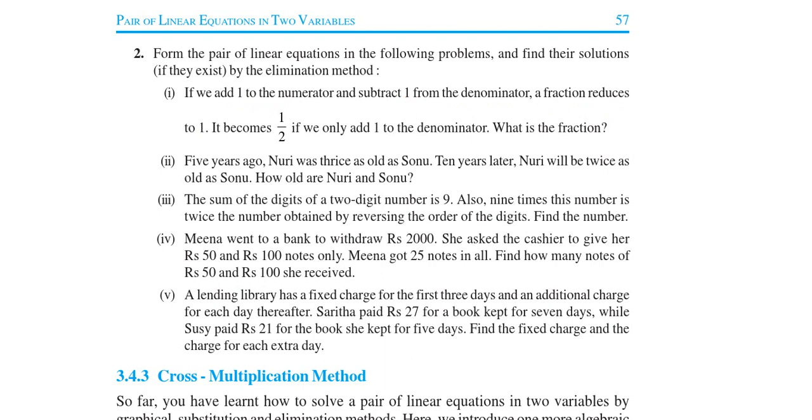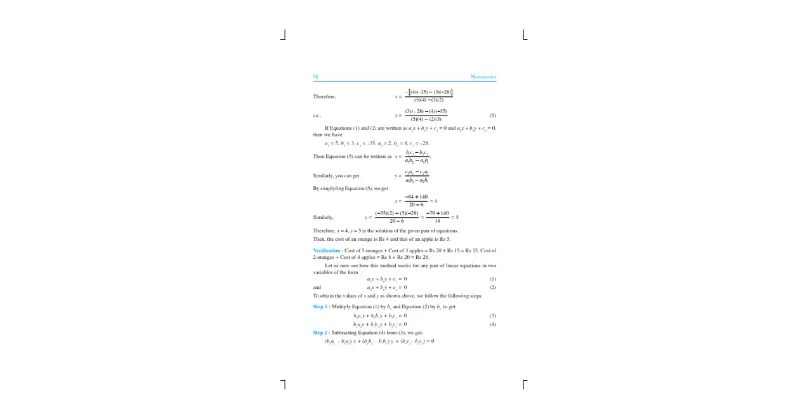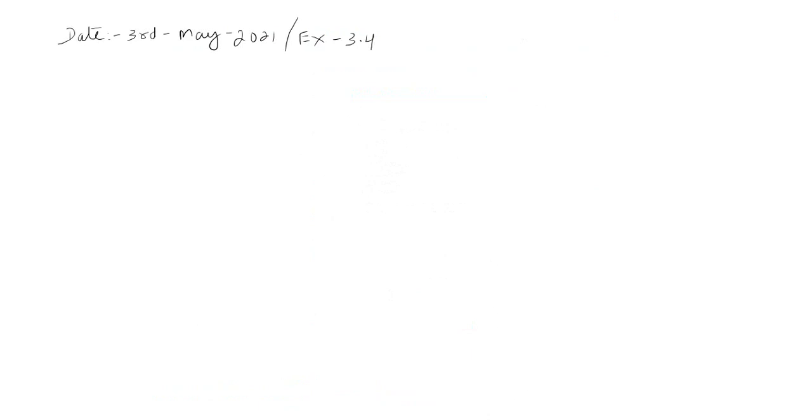And in the second condition, it becomes 1 by 2 if we only add 1 to the denominator. We don't do anything with the numerator, but add 1 to the denominator. So what is the fraction? Whenever we have such a thing, you know what we have to do. So we are doing question 2, first part.